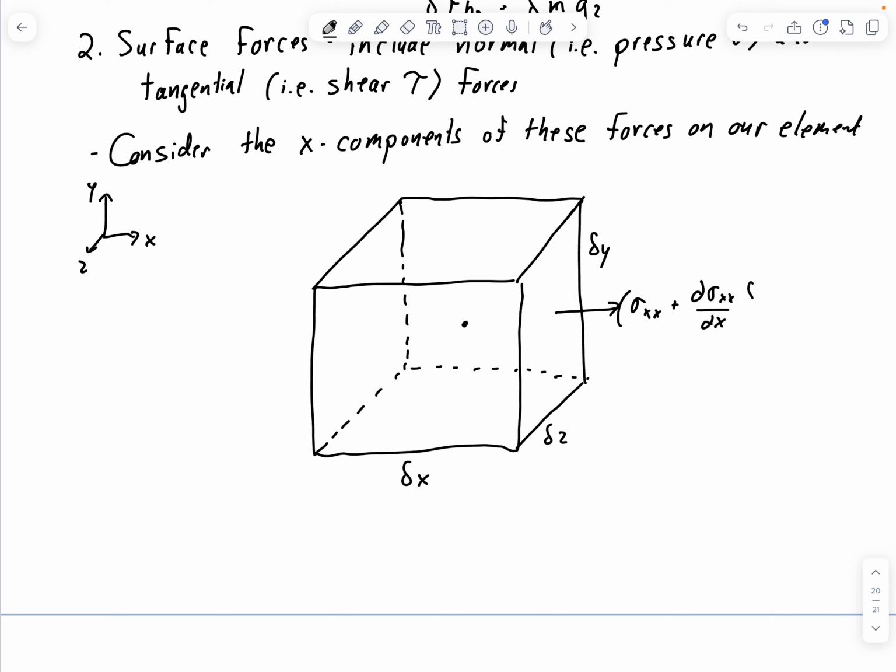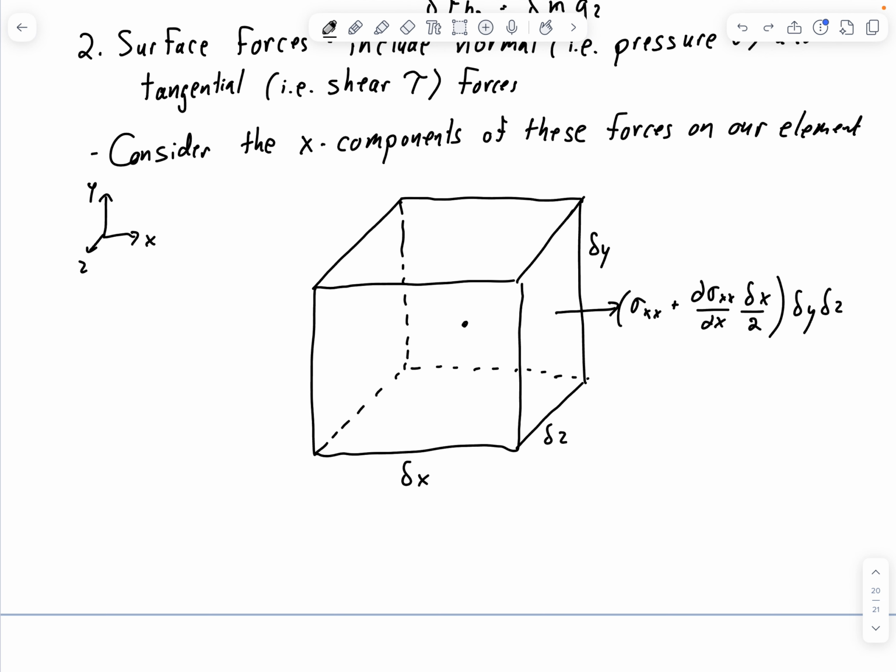We multiply that by delta x over 2, which is the distance from the center to that face, so it's given some incremental change over that distance. Then we multiply that by delta y delta z, which is the area of this right-hand face. So we basically have a stress multiplied by an area, which gives us a force.